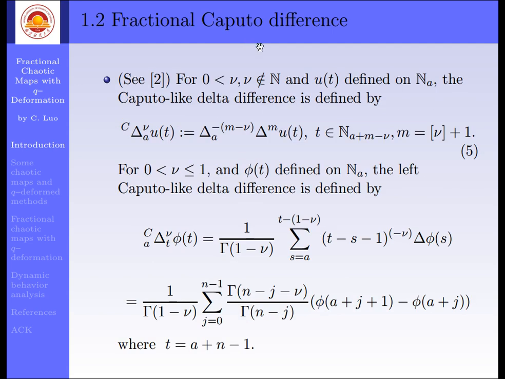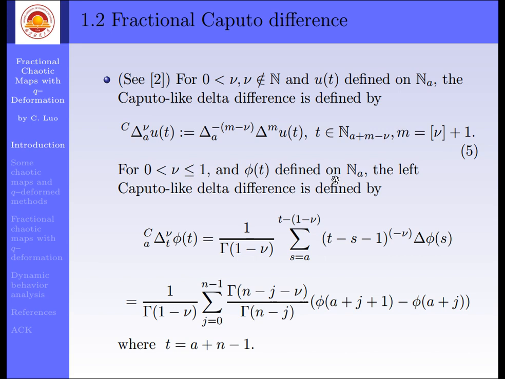For the fractional difference, for nu greater than 0 and nu a fraction, and u(t) defined on N_a, the left delta difference is defined by equation 5. For nu greater than 0 and less than or equal to 1, then n is equal to 1.